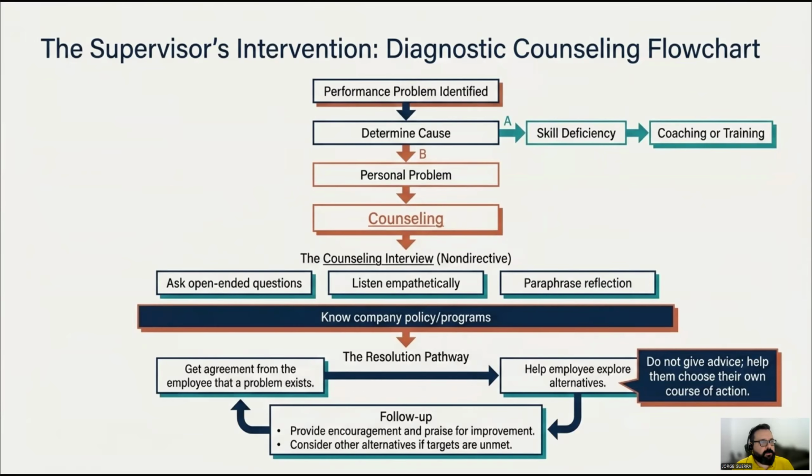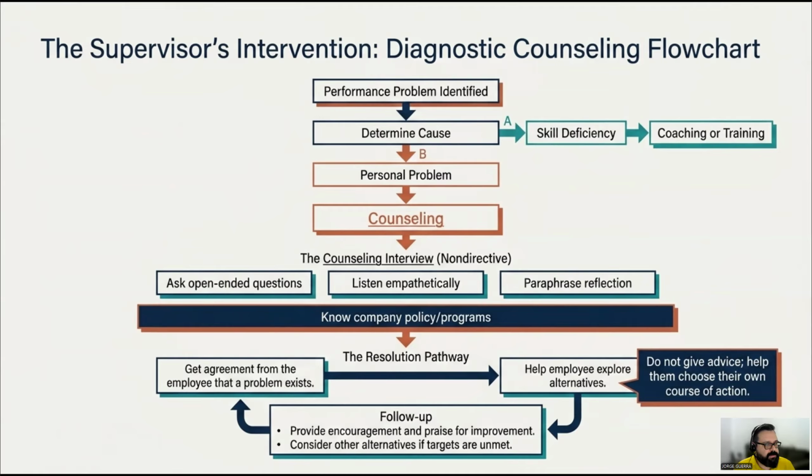All right, so counseling and intervention. Now, this is how we address some of these issues. So when there's a problem, first we have to ask, is this a skill issue or a personal issue, right? Train or coach, right? Do we train or coach? If it's a personal issue, we counsel, and look at the approach, right?